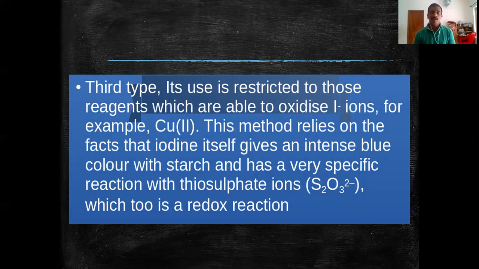And when all the copper has reacted, the liberation of iodine stops. So the end of the reaction can be identified by the addition of starch to the solution. If there is iodine, starch will give a blue color. So it is another type of redox titration.